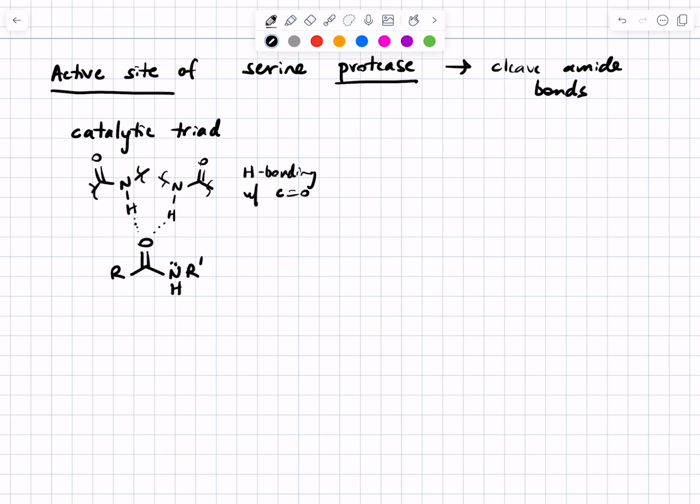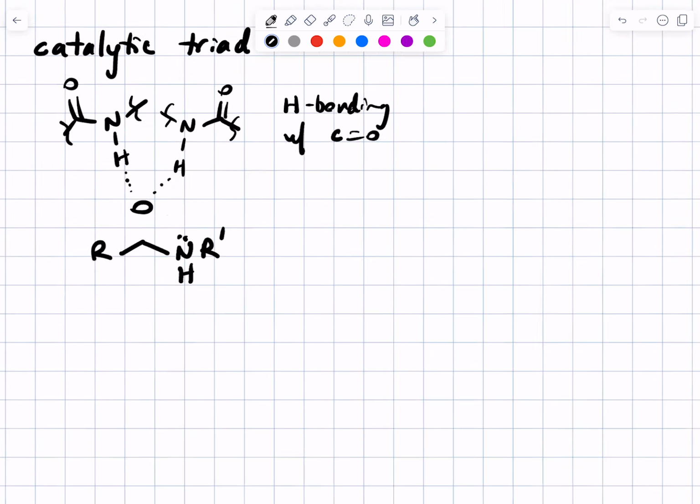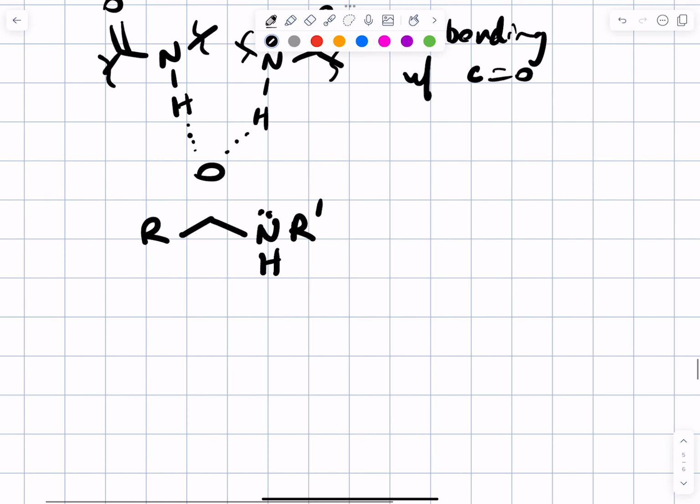Why might that make the carbonyl carbon more electron poor? Any ideas? What do you think? Anybody want to commit? Go ahead. Because you're pulling electron density away from the oxygen, and the oxygen is what's trying to pull it away from the carbon. Good, yeah.